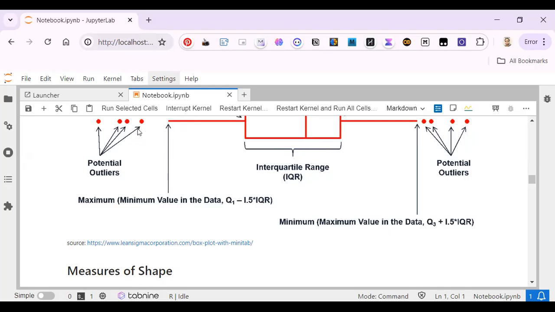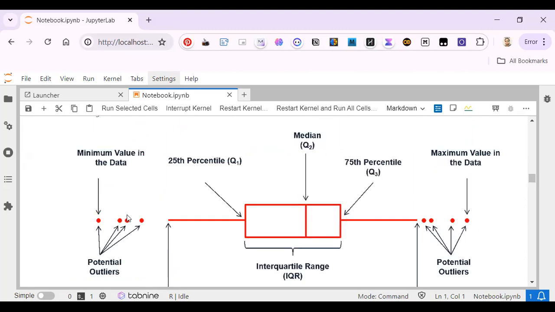What are the rest of these? Those are potential outliers. In more senses, we can say this is lower and very far. But let's take marks as a simple example. Here a person got 50 marks, here a person got 25 marks, here 26, and here 30. Now, what is the first quartile? That is 55.